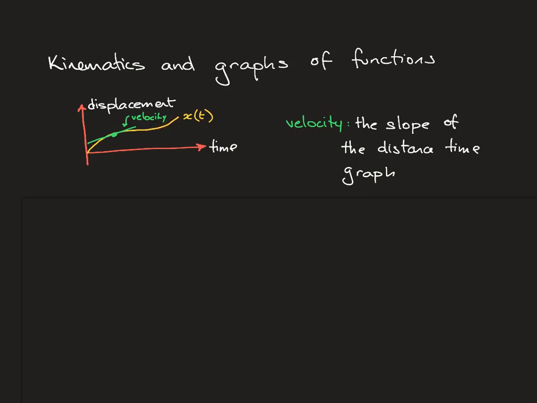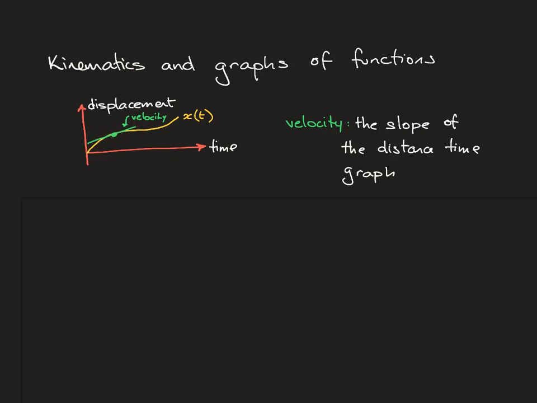You can also get your velocity from this graph, because velocity is the derivative of displacement, and the derivative of the displacement graph, x dashed of t, is the gradient of the tangent at that point.